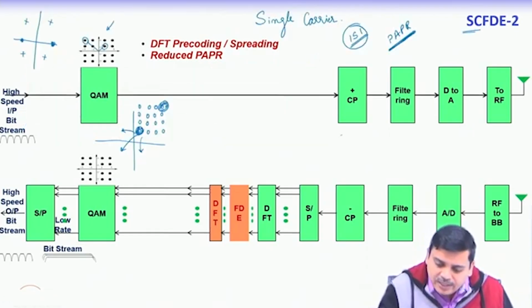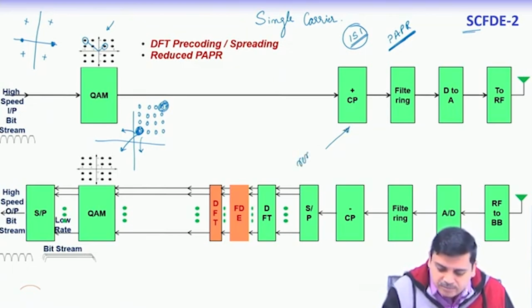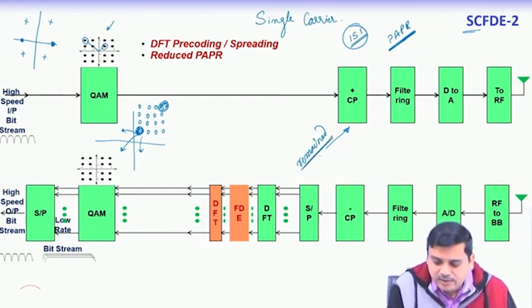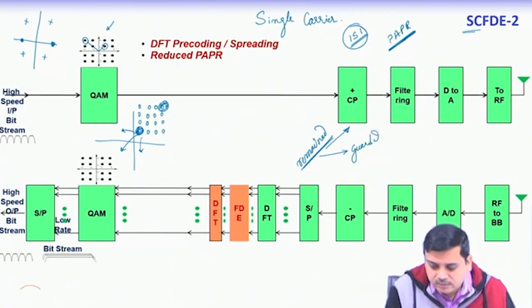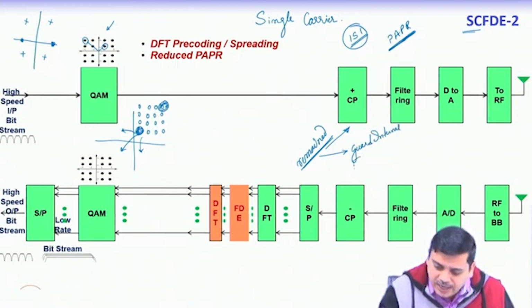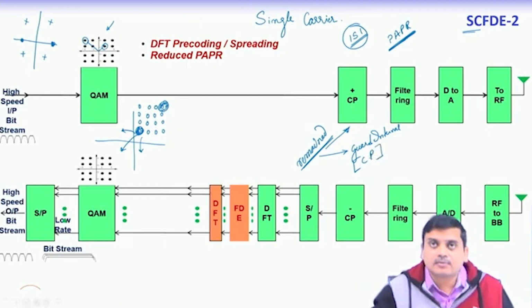The CP has remained, so this has remained. This remaining means that you have some guard interval which is revealed as a cyclic prefix, right.